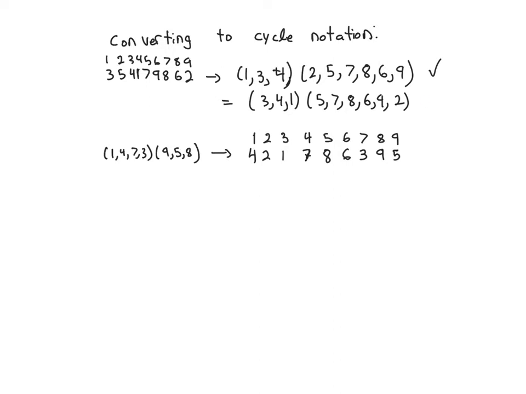But there is an advantage for cycle notation over one-line notation, which is that one-line notation relies on the fact that we have an order on our set, that we have a first element, a second element, and so on. So you have to fix that ordering both to write down the one-line notation and to do this conversion back and forth.